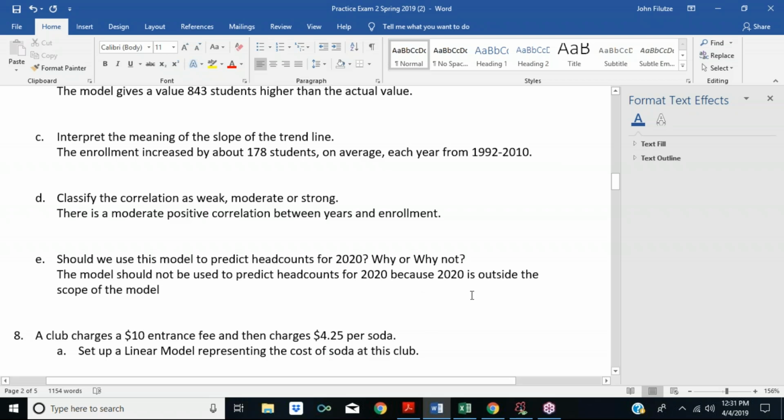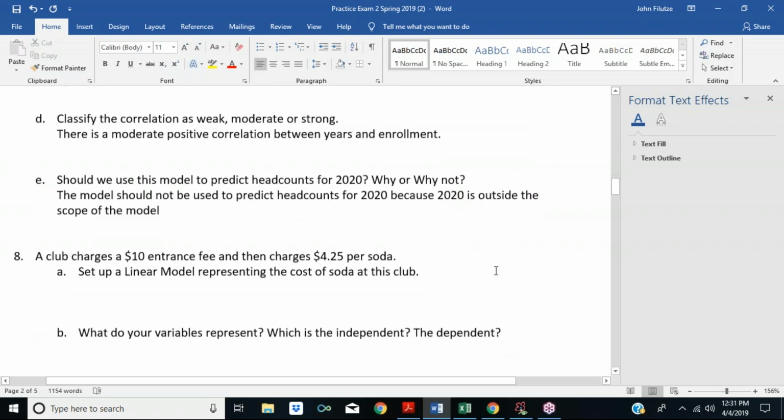That's the important idea, the range of the model is only from 1992 to 2010. So 2020 is outside the scope of the model, so we cannot use the model to describe any values or enrollments for 2020.